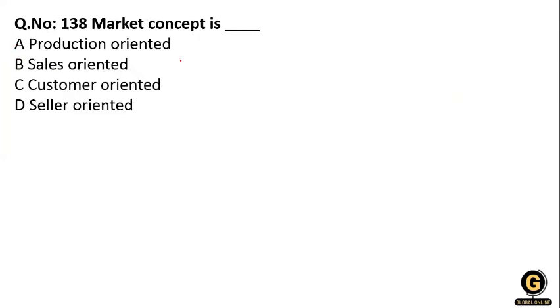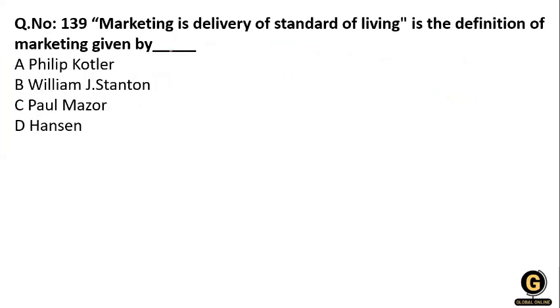Clear? The marketing concept: production oriented, sales oriented, customer oriented, or seller oriented. So you know that the marketing concept is related to customer oriented. Next question, marketing is a delivery of a standard of living. This definition of marketing is given by whom?